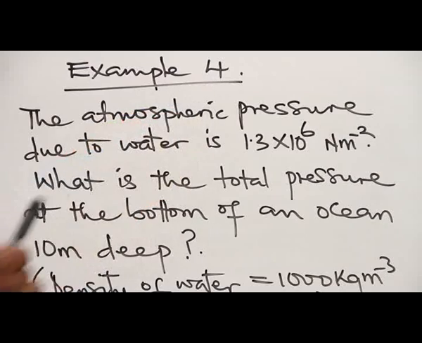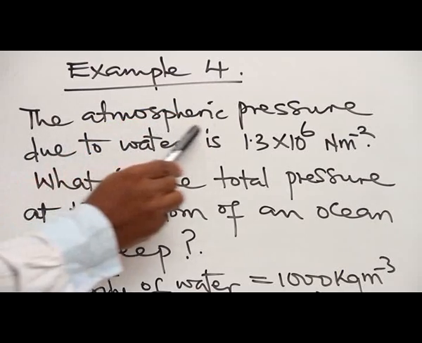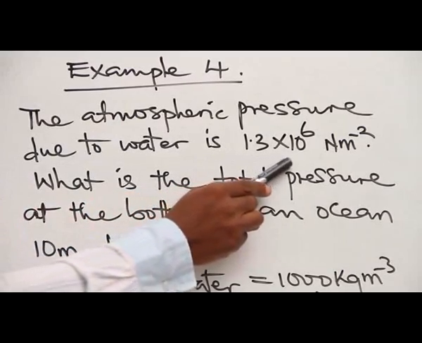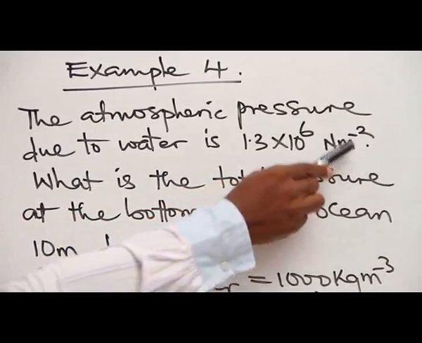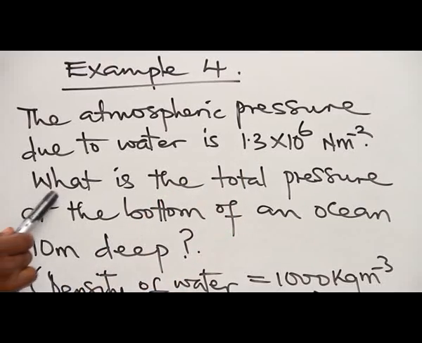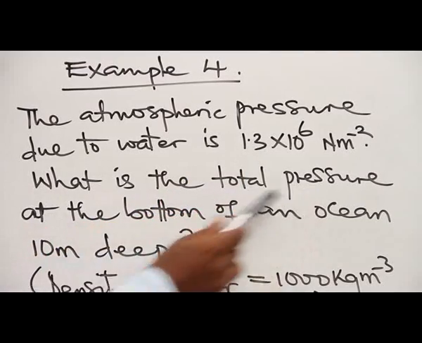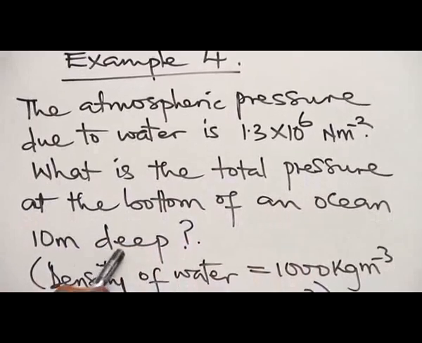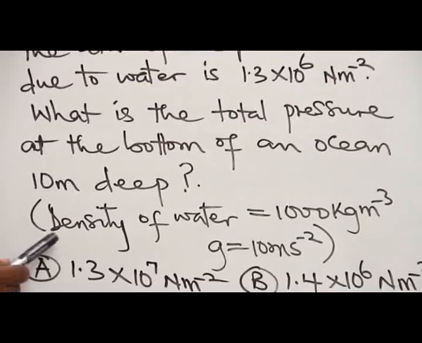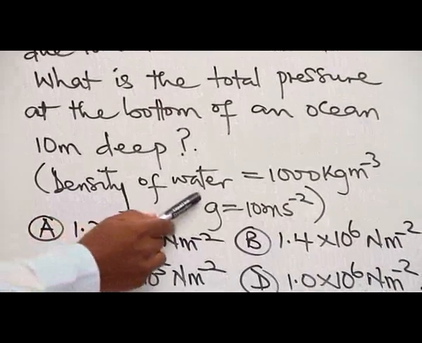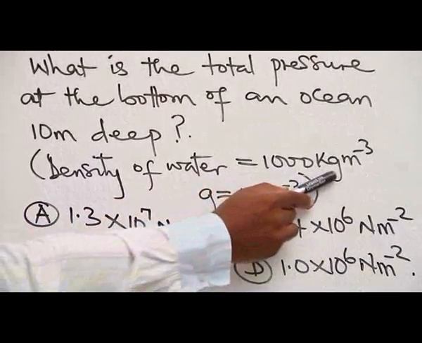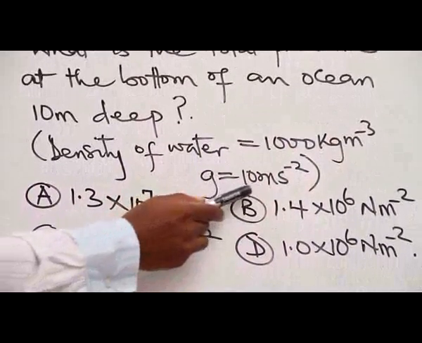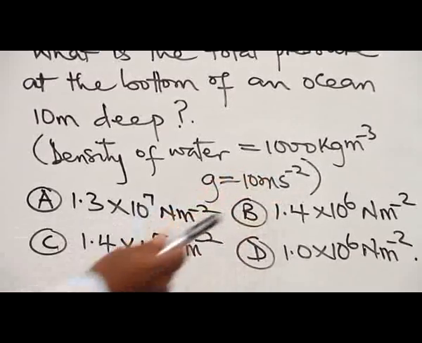Example 4. The atmospheric pressure due to water is 1.3 times 10 raised to power 6 Newton per meter square. What is the total pressure at the bottom of an ocean 10 meter deep? Provided is the density of water 1000 kilogram per meter cube and acceleration due to gravity 10 meter per second square.